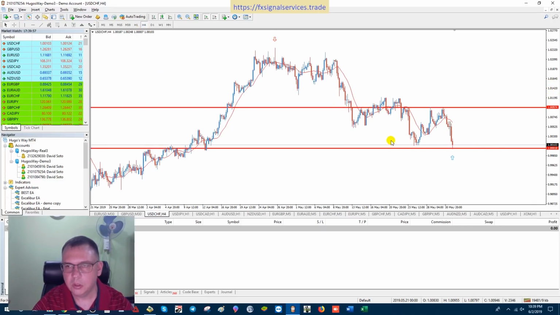What I think is going to happen is that this is going to go back up towards this resistance, and it'll probably touch this line or come close to it and form a down arrow on the 4 hour chart.